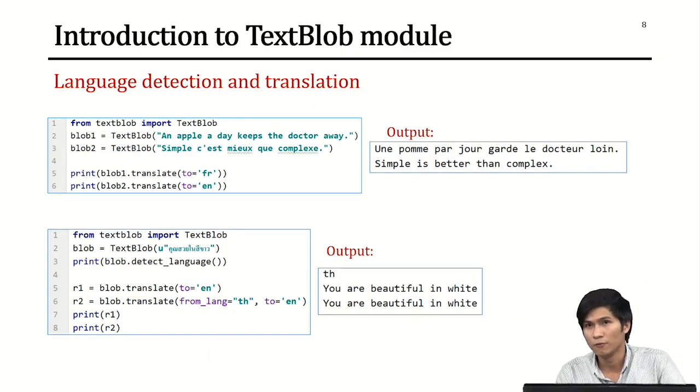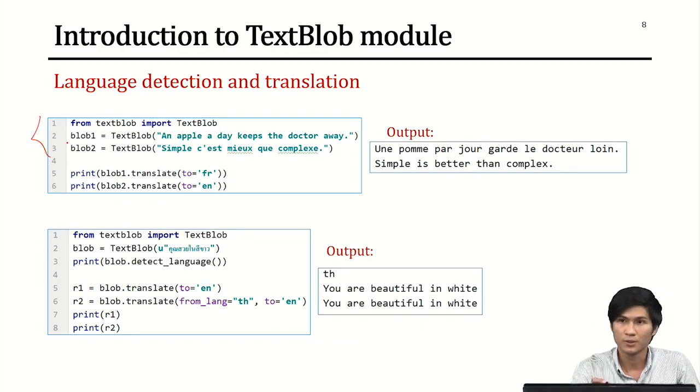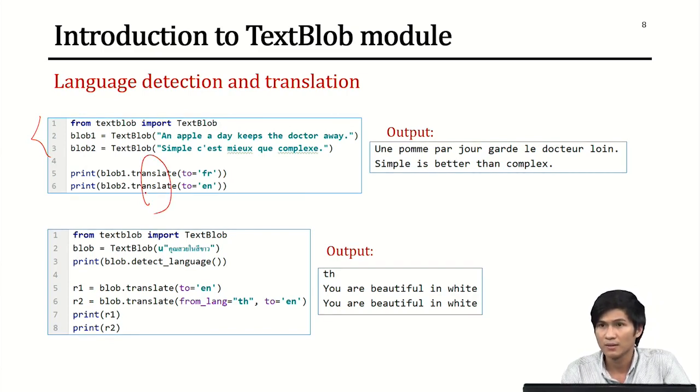And next, we can also do language detection in a given text, or we can translate text to different destination languages. First of all, we need to create the TextBlob objects, as we have seen earlier. And next we can call the translate function in order to translate a given text in a source language to a destination language. Here we need to specify the target language that we want to translate this text to.